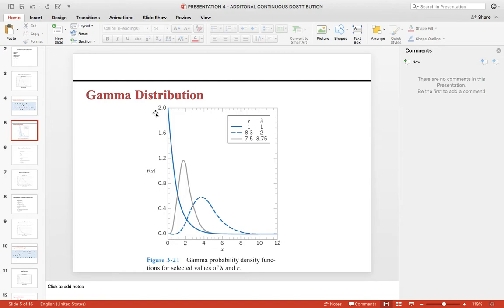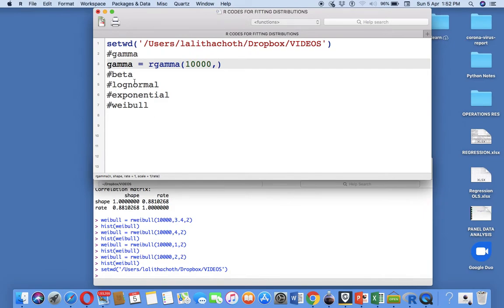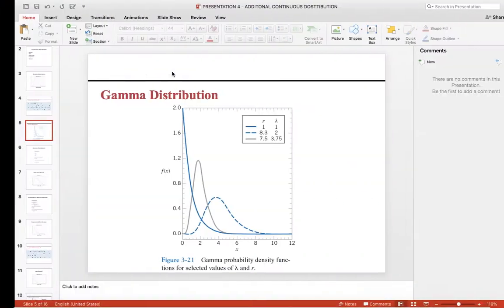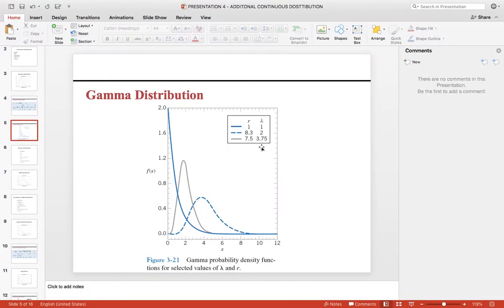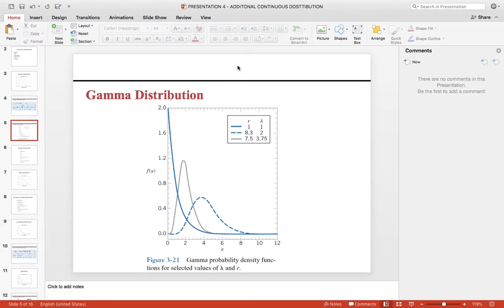So r is 7.5. So lambda is 3.75. So I will first give alpha, 3.75, and gamma is... the alpha is 3.75 and r is 7.5.